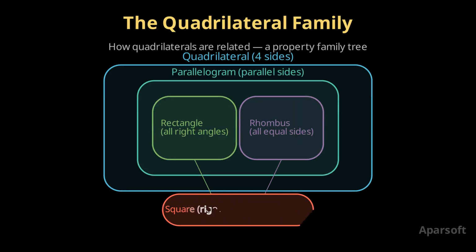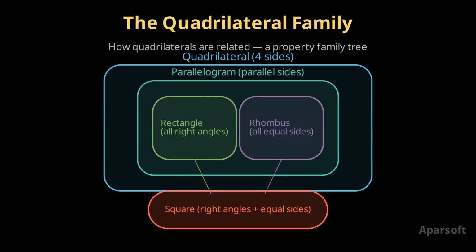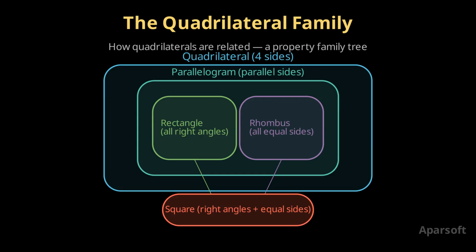And where those 2 branches meet, that is the square. It inherits right angles from the rectangle and equal sides from the rhombus. So a square is both a rectangle and a rhombus at the same time. Just like a tomato is a special kind of fruit, a square is a special kind of rectangle.